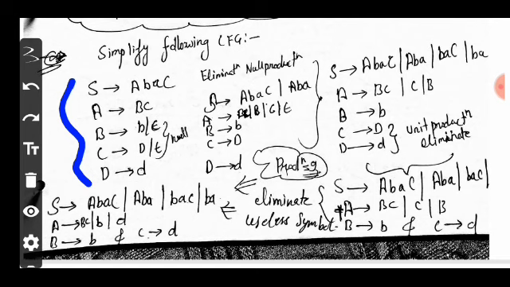S produce AB, AC, A produce BC, B produce B or null, C produce D or null, and D produce small d. So after eliminating null production, we got S produce ABAC and ABA. Also A produce BC, B, C or null.